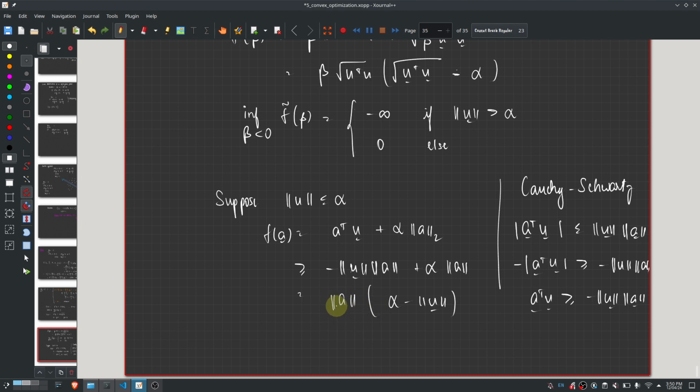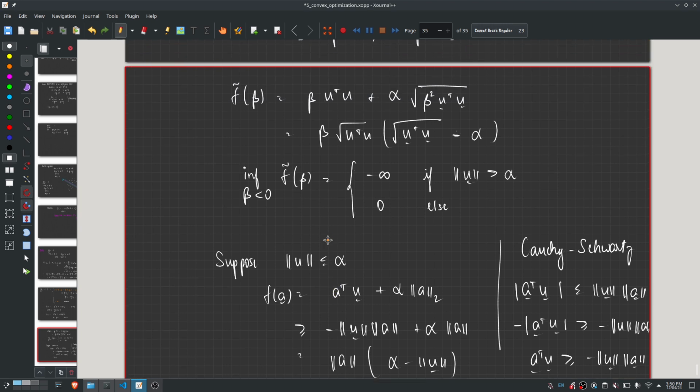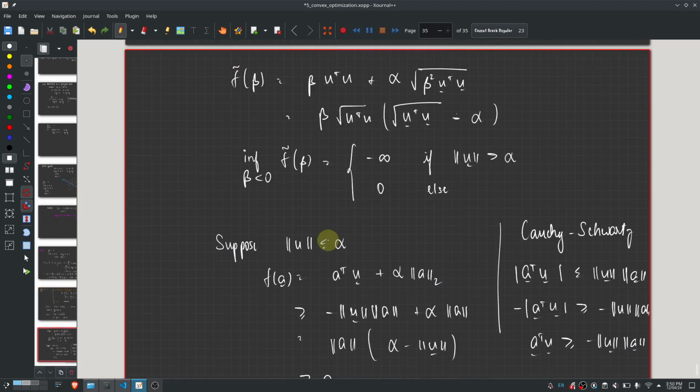And norm of a is greater than or equal to 0. So this is always going to be greater than or equal to 0. So the minimum possible value of f of a in this scenario is equal to 0, and that happens when a equals 0. Again, it's a bit of a trick, nothing more than that.